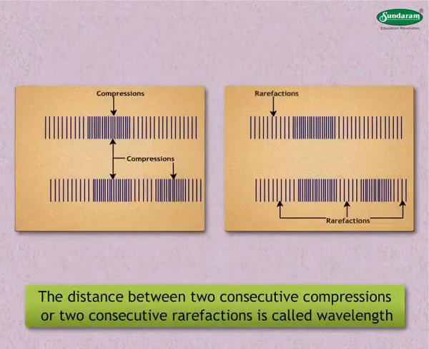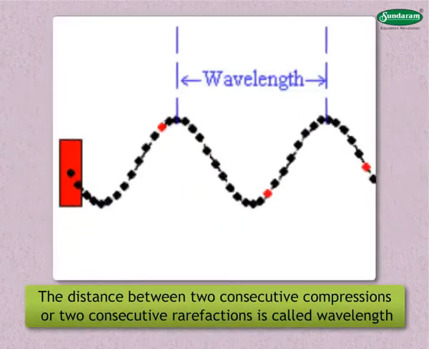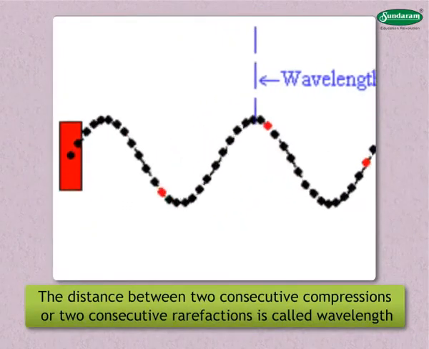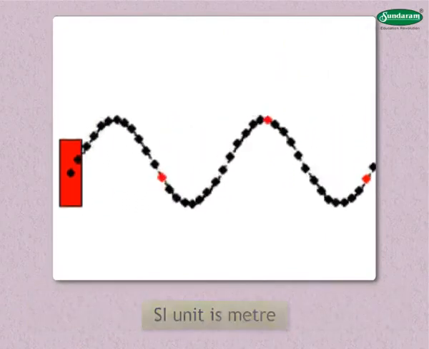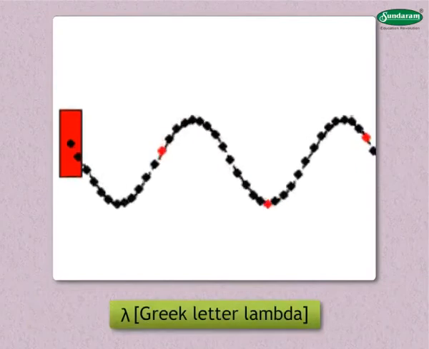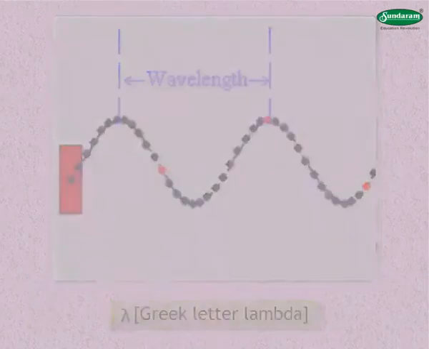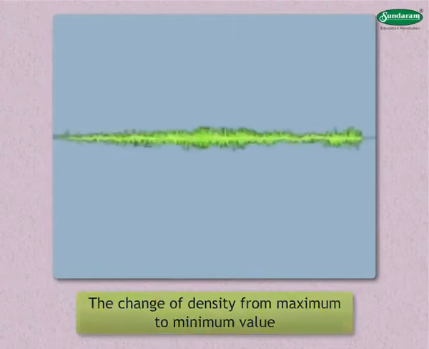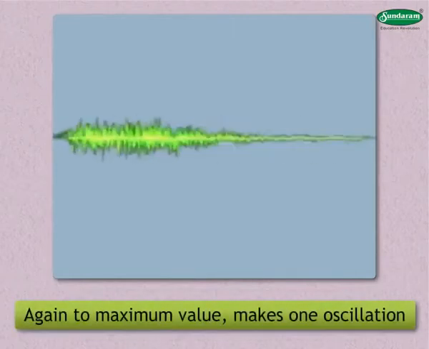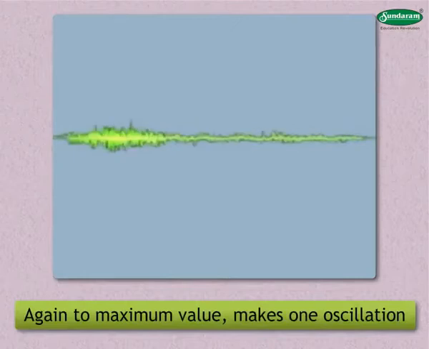The distance between two consecutive compressions or two consecutive rarefactions is called wavelength. Its SI unit is meter, and it is represented by the Greek letter lambda. The change of density from maximum to minimum value and again to maximum value makes one oscillation.